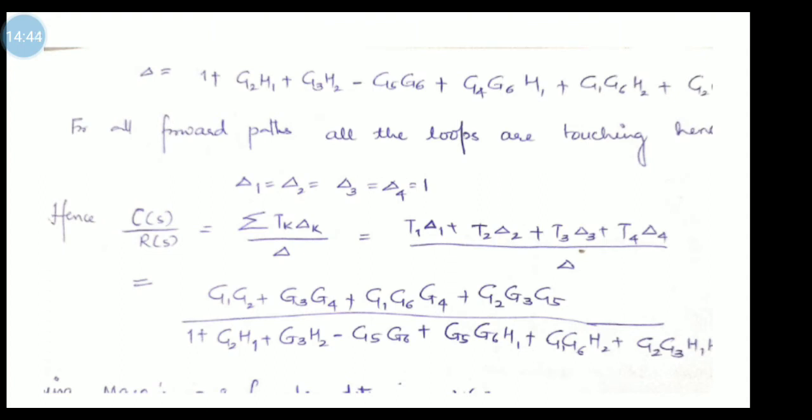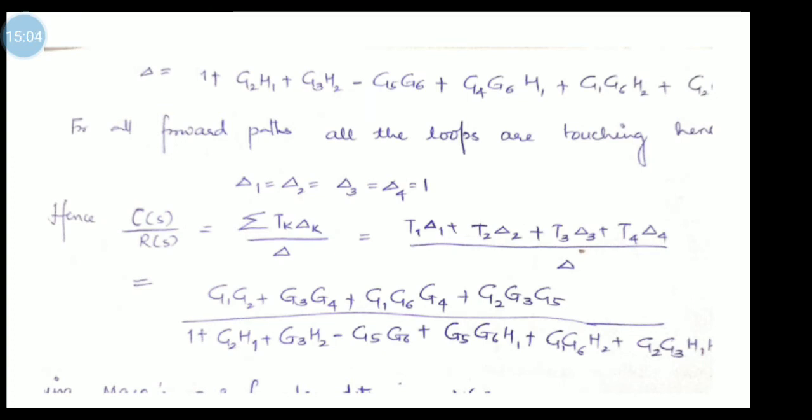Then after substitution we get G1 G2, delta 1 is 1, plus G3 G4, delta 2 is 1, plus G1 G6 G4, delta 3 is 1, plus G2 G3 G5.